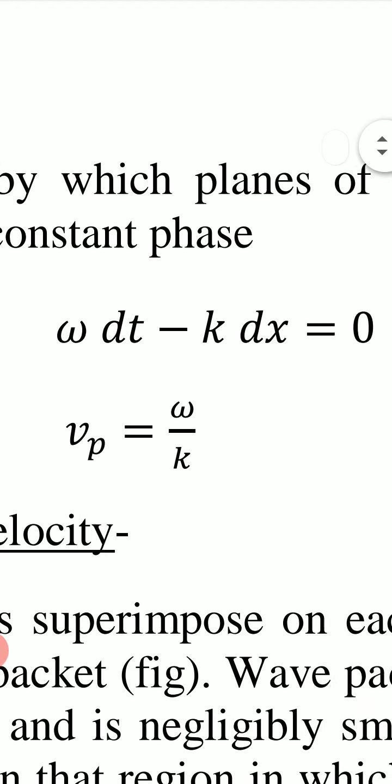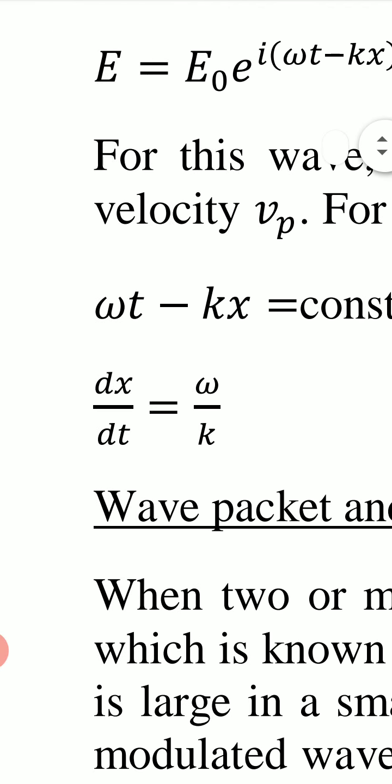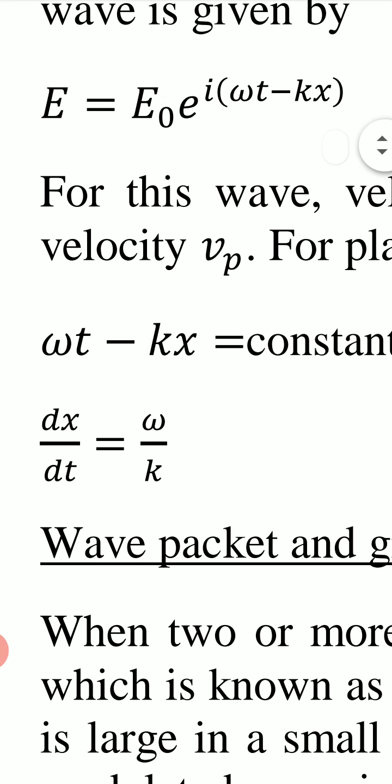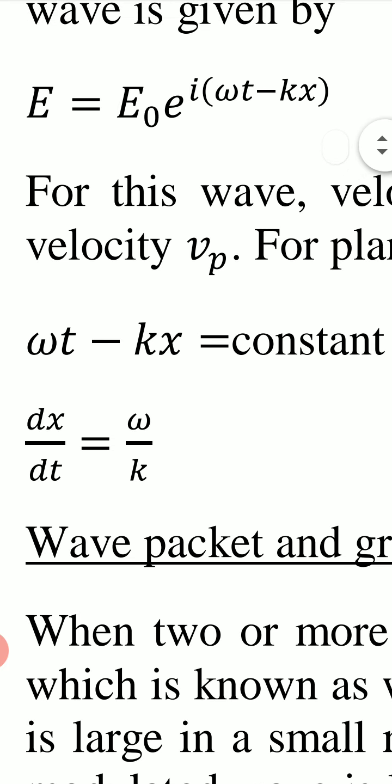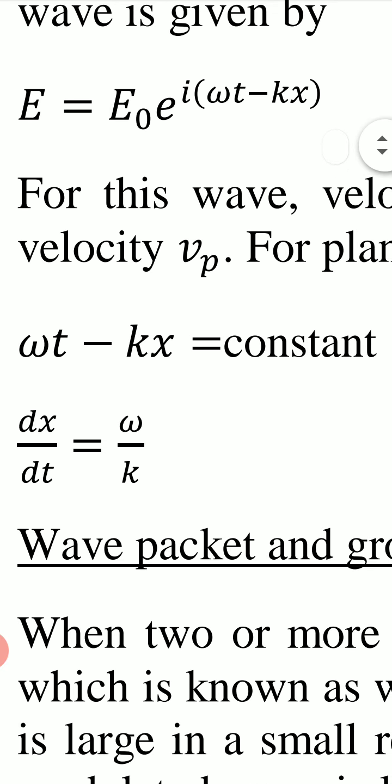For planes of constant phase, we have omega t minus kx equal to constant. Omega t minus kx is the phase. So for planes of constant phase, we have omega t minus kx equal to constant.